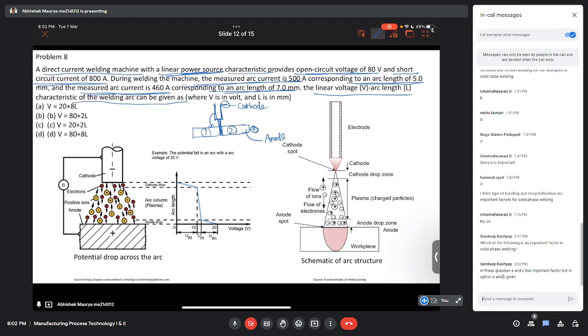Okay, Sandeep Kashyap, in this question, option B and C is given. Actually, Sandeep, I am not able to understand what is written.